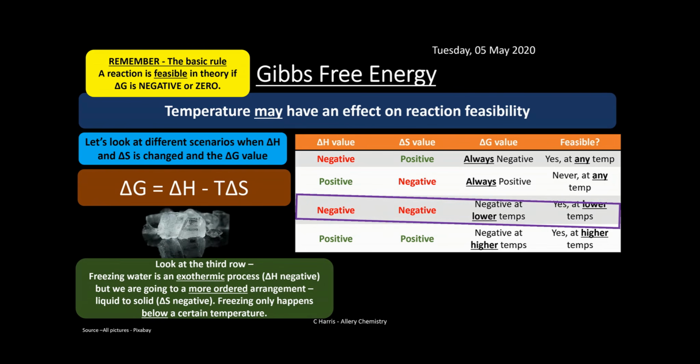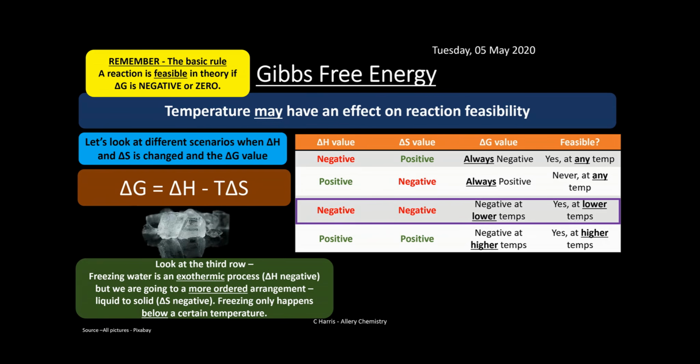So let's look at the third row, which is this one. Freezing water is an exothermic process, because it's giving out heat energy when it's freezing. So delta H is negative, but we are going to get a more ordered arrangement, going from a liquid to a solid.